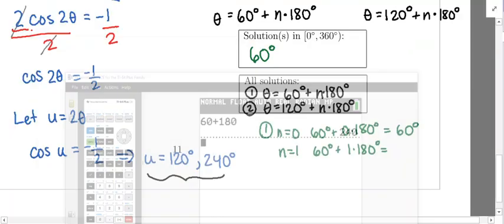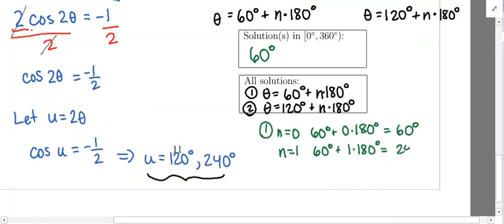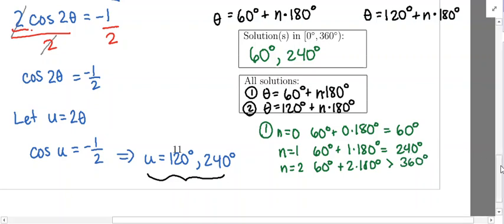That's between 0 and 360, so we can write it down as a solution. If we bump it up again, we get 60 plus 2 times 180, which is over 360 degrees. That is a solution, but it's not between 0 degrees and 360 degrees.